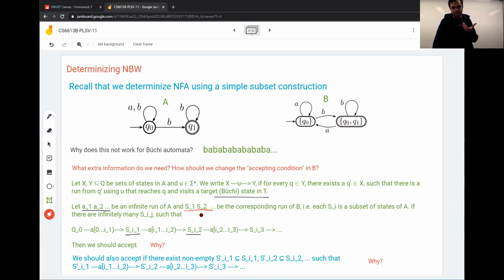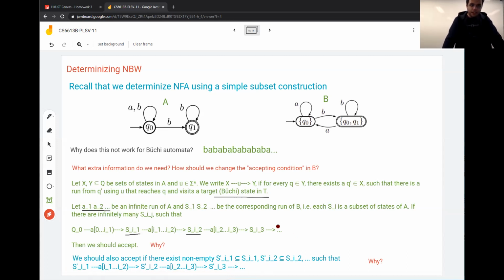So this is a sequence such that every element is a subset of the corresponding element in the run. And if I can do this chopping on this sequence, then the same thing that I said before also holds. So basically, all I'm saying here is that you can forget some of the vertices that you're at. You can forget some information, and if you forget this information and still reach Büchi, that's fine.